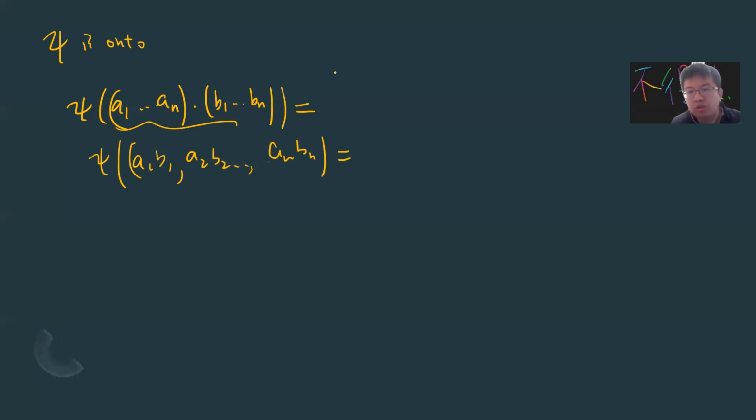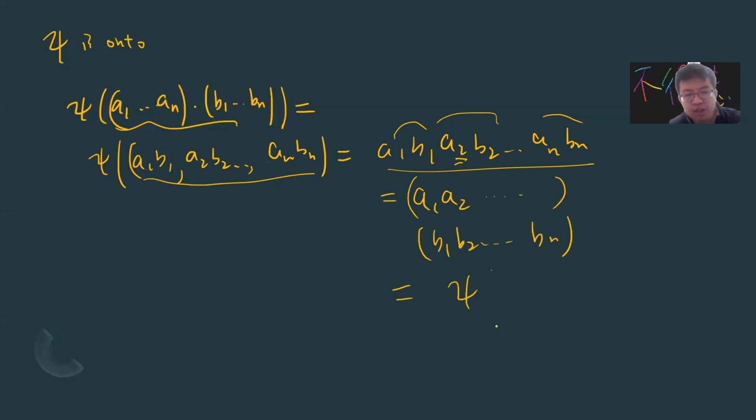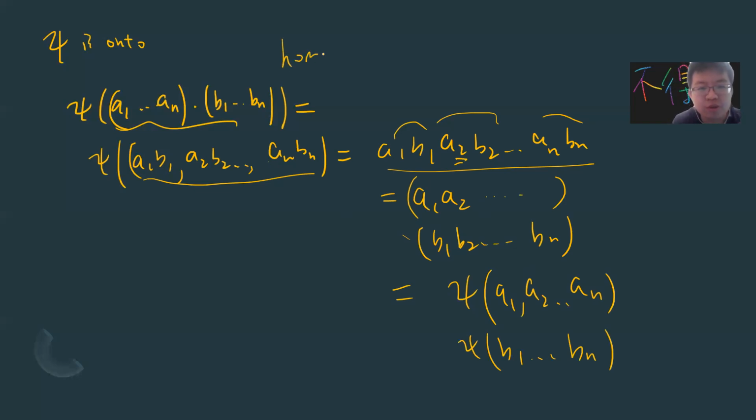In terms of the inner direct product, these all commute, because elements from different normal subgroups commute. So you can rearrange as A1, A2, and also B1, B2. So this will be phi of A1, A2, An times phi of B1, Bn. So these are homomorphisms.